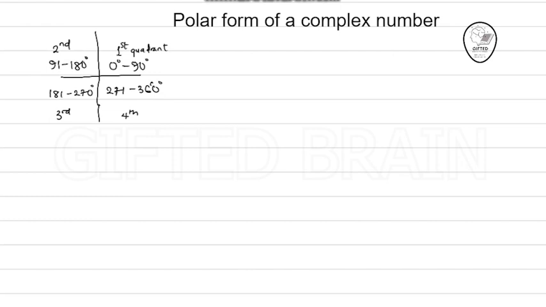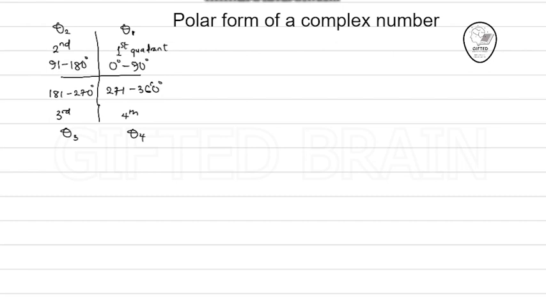It is important to use theta 1 for your first quadrant. So anytime you see theta 1, it means a first quadrant angle. We have theta 2 to be our second quadrant angle, theta 3 to be our third quadrant angle, and obviously theta 4 to be our fourth quadrant angle.